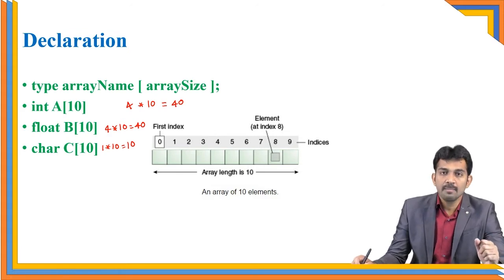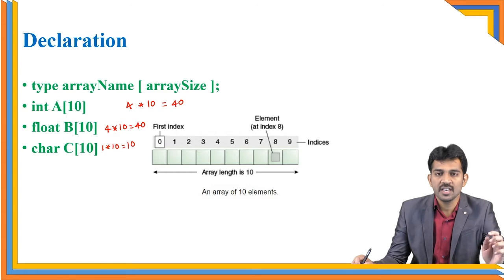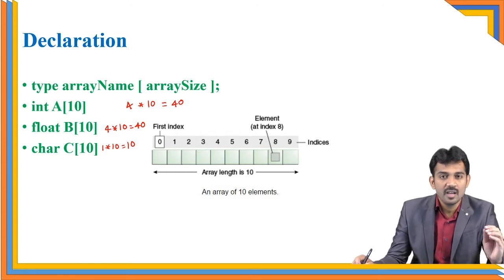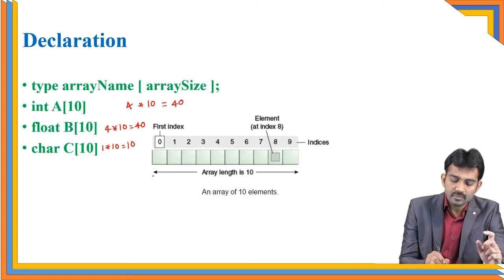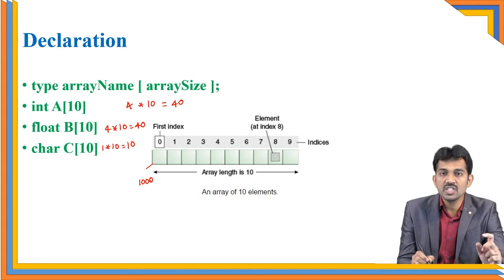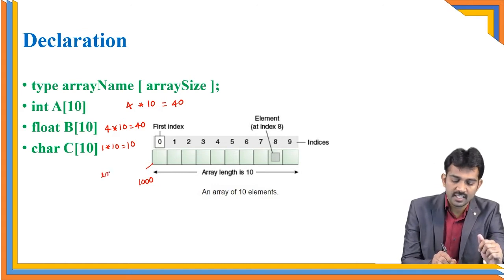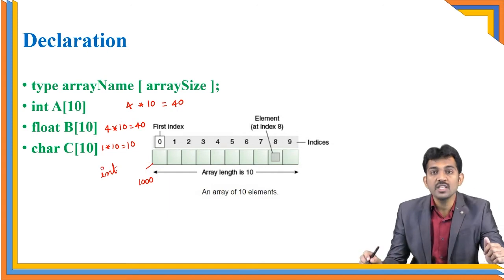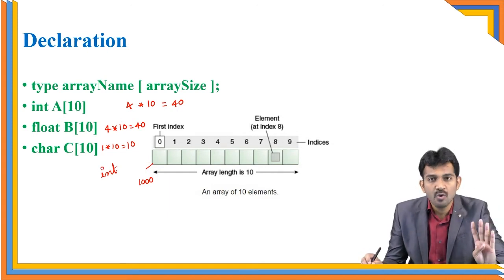And also, please remember, every variable has an address. We will discuss this very clearly in the pointer section. But every variable contains one address. Right? For example, the starting address of a[0] is 1000. The next data item, for example an integer, how many bytes is allocated for each variable? 4 bytes, right?